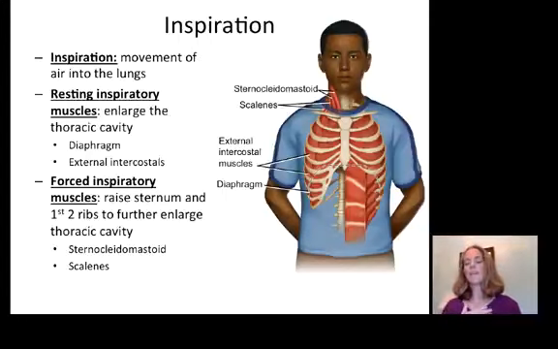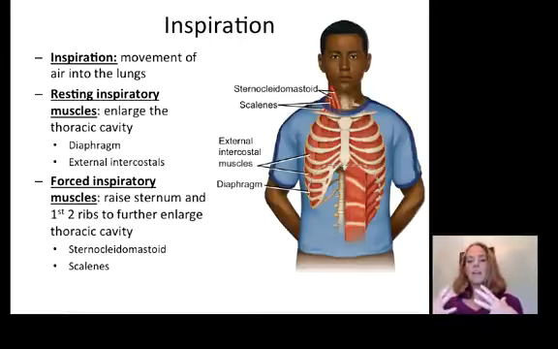So take a second to put your hand on your chest and take a deep breath in. Which way did your chest move? It should have expanded. So when we breathe in, we use the diaphragm, which is the lower muscle below the ribs, and we use the external intercostal muscles surrounding the outer portion of the ribs and stretching around the back of the ribs to expand the chest.